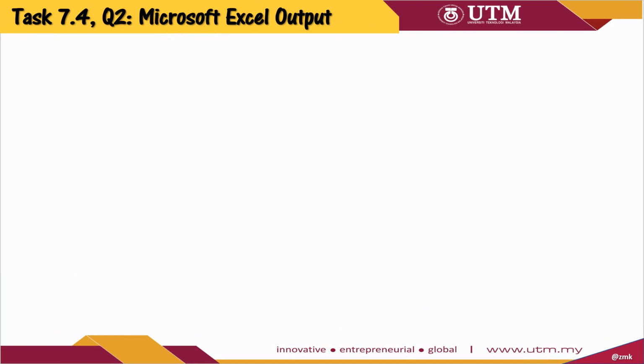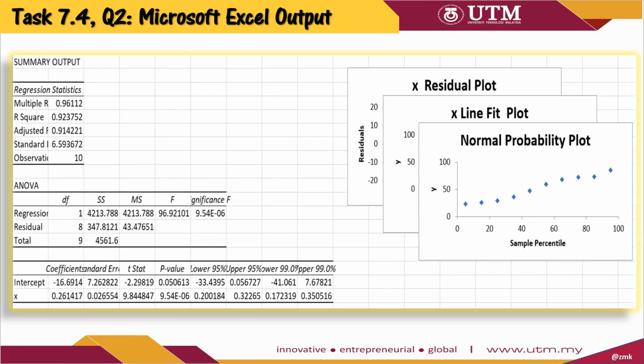After you click OK in the data analysis pop-up menu, you will get this Excel output immediately in the new worksheet ply, which contains the summary table, the ANOVA table, and the T table, as well as all the plots chosen earlier.